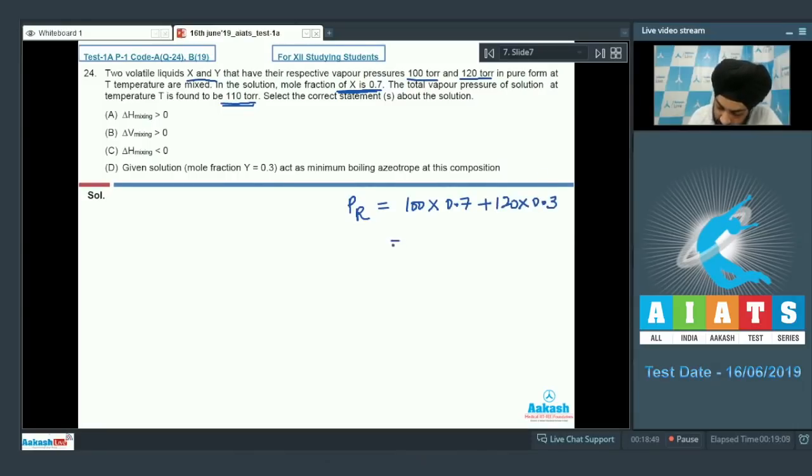So this will be equal to 70 plus 36, which is equal to 106. So if the solution were ideal, it would have exerted a pressure of 106 torr, but in reality the solution exerts a pressure equal to 110 torr, which means that the solution shows positive deviation from Raoult's law.